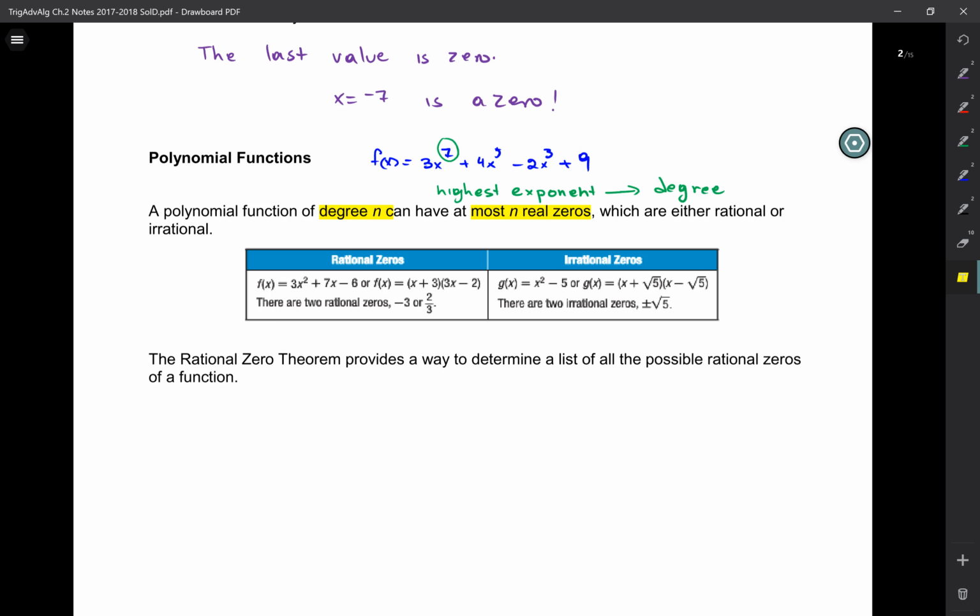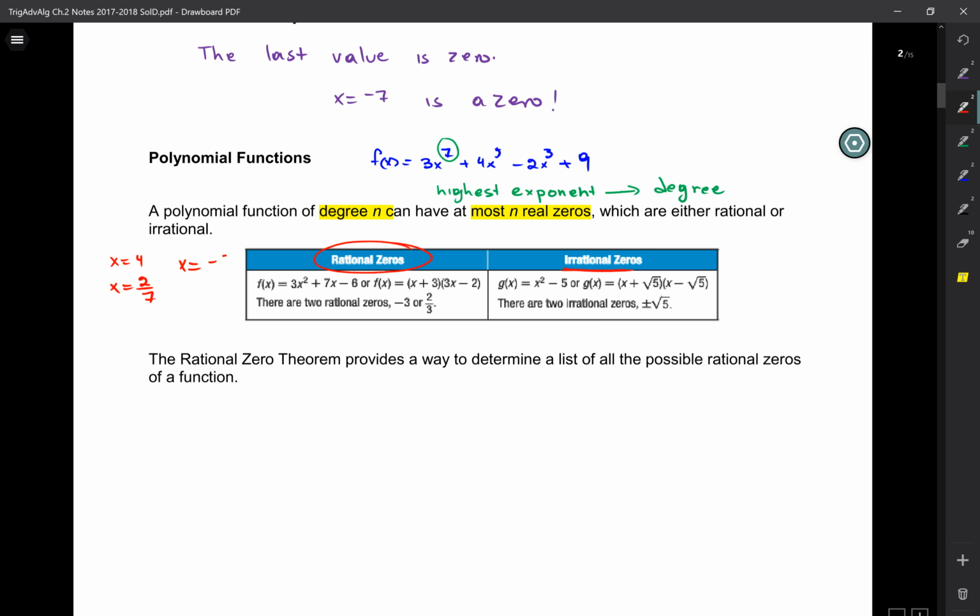Now, the zeros of a function, like when you solve a function and you get the solution, you could have a whole bunch of numbers. You could have rational zeros, or you could have irrational zeros. So what are examples of rational zeros? When you solve an equation and you get an answer, what are some numbers that answer could be? It could be x equals 4. It could be x equals 2 over 7.